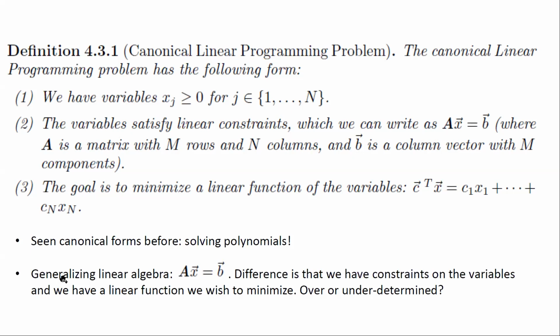So if you look at the last bullet point, linear algebra is concerned with solving ax equals b. And we developed lots of different techniques to solve this efficiently. Typically, in a linear algebra class, what can you say about the matrix A?